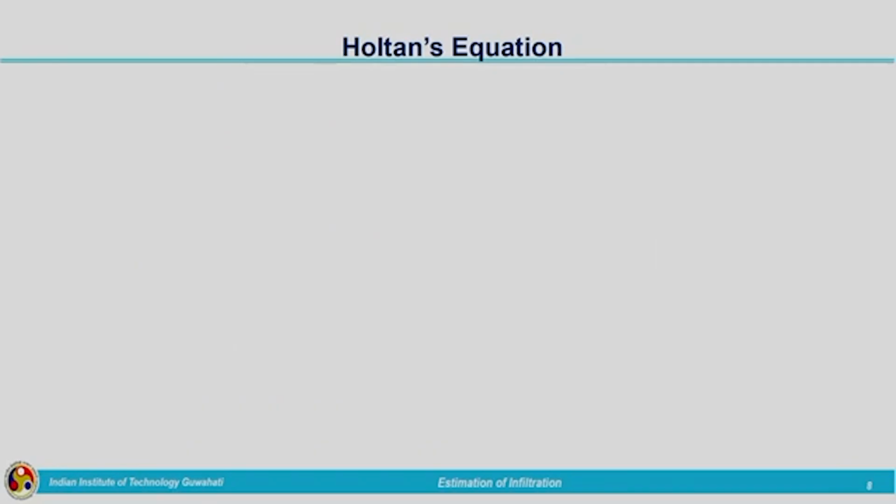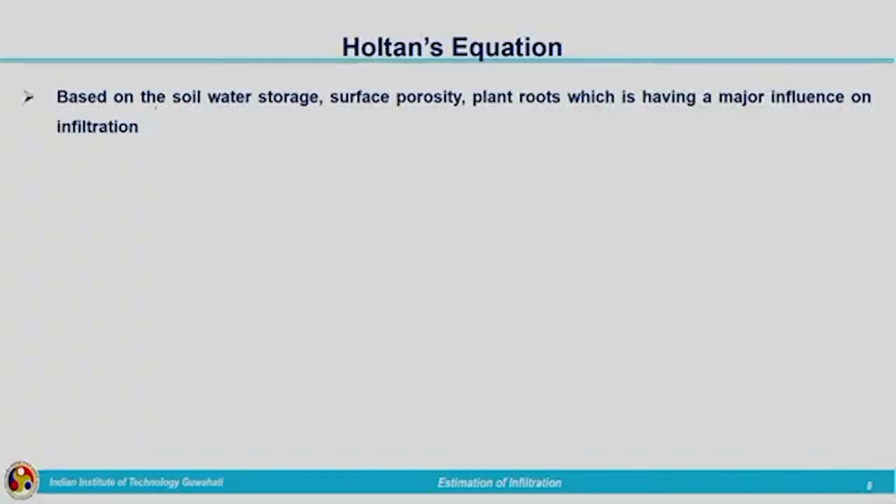Now, the next equation is Holton's equation. In this equation, some more factors are taken into account, that is, it is based on the soil water storage, surface porosity and plant roots, which have a major influence on infiltration.